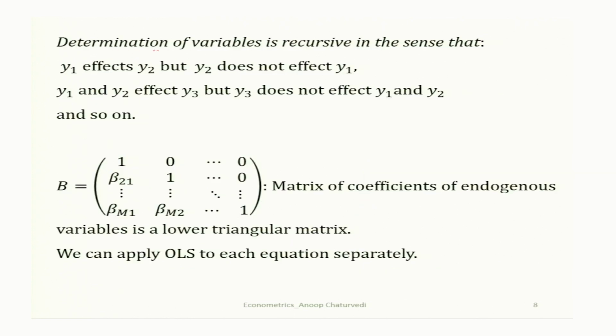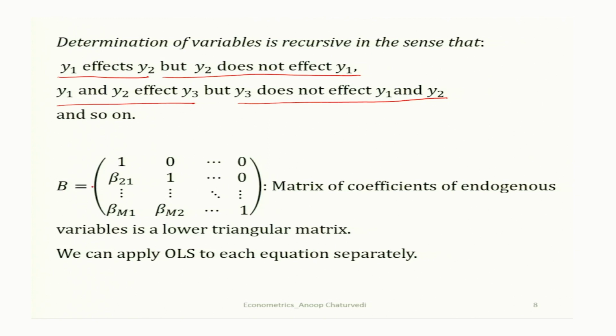So, the determination of variables is recursive in the sense that y 1 affects y 2, but y 2 does not affect y 1. Y 1 and y 2 affect y 3, but y 3 does not affect y 1 and y 2, and so on. So, the determination of variables is recursive in this sense.